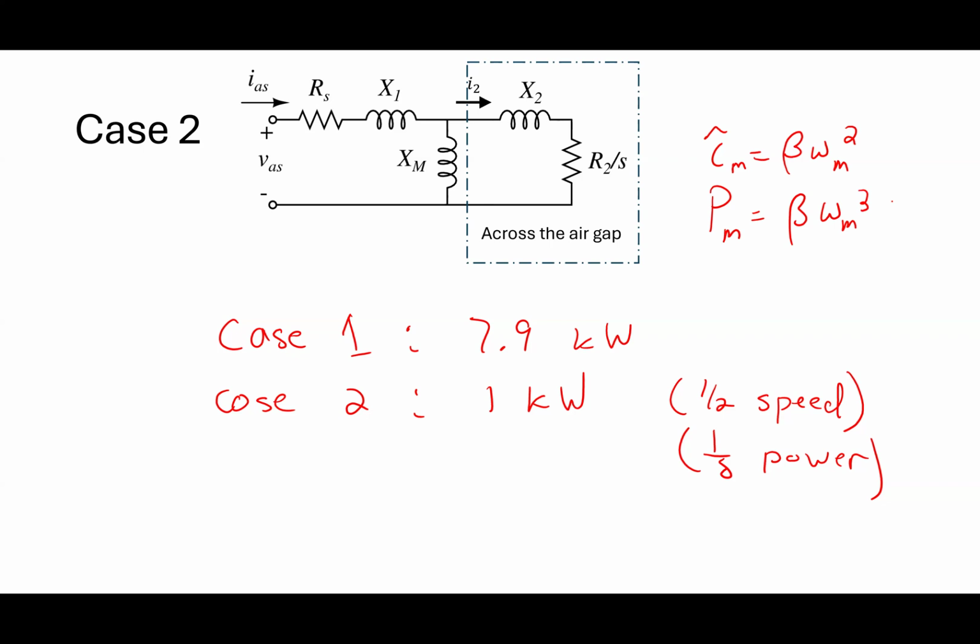Torque times speed, right? So not just something to do with it, but a direct multiplication. So why does going half the speed make sense as 1/8 of the power? Because if the speed is 1/2 of what it was, it'd be 1/2 times 1/2 times 1/2, which would be 1/8. All right, so that's a pretty significant saving.